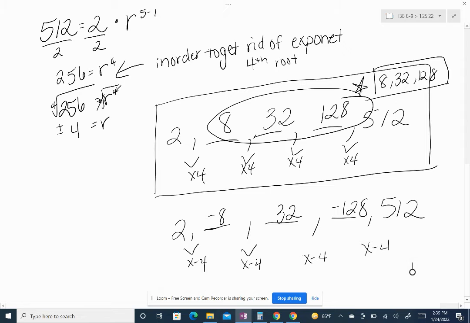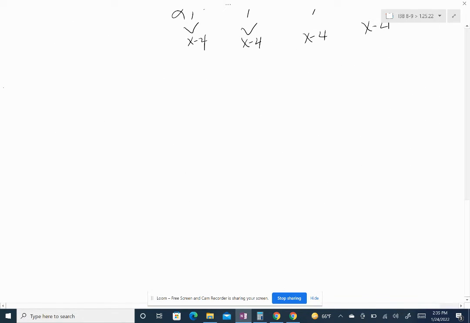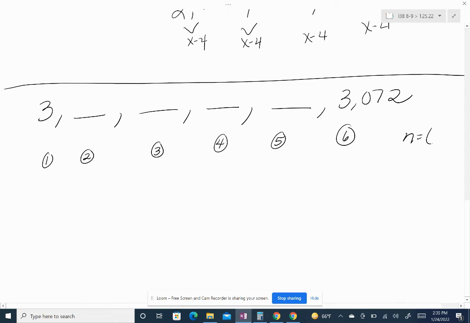Okay, let's take a look at another problem. 3, let's say we had 4 blanks. Okay, so I have 1, 2, 3, 4, 5, 6. So my n is equal to 6.